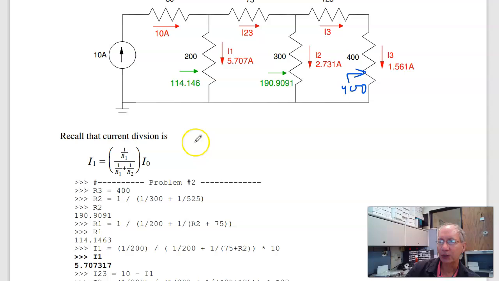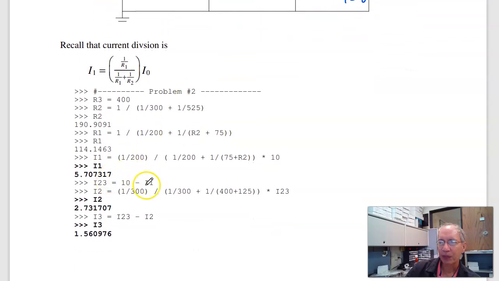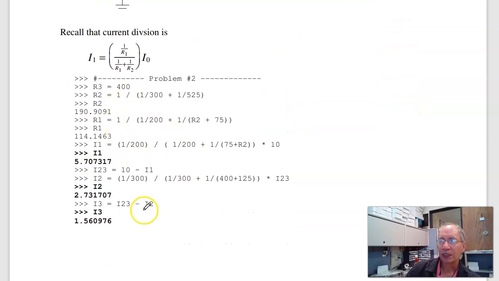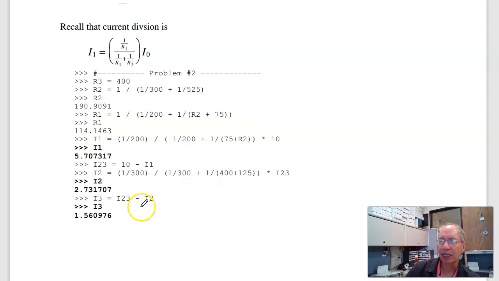The percentage of I23 is 2.7 amps. And then by conservation of current, I3 is just the remainder. So those are your answers: 5.7 amps, 2.7 amps, 1.5 amps. So Python is, again, a calculator, much like MATLAB.